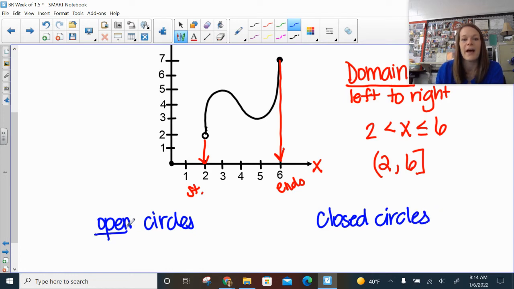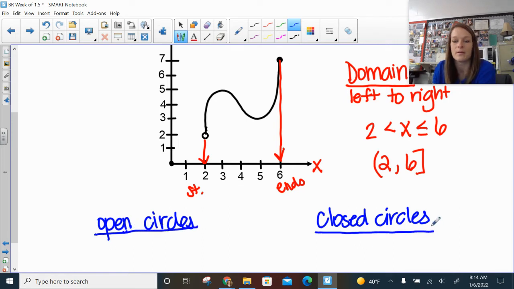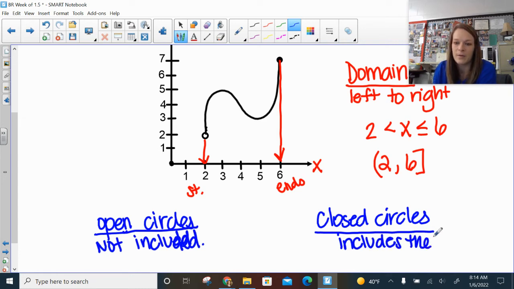Okay, if you have an open circle, that means that that value is not included in the domain, or range. So not included. And then this one, it means that it does include that value. So includes the value. All right.